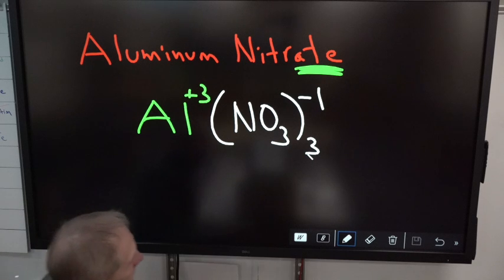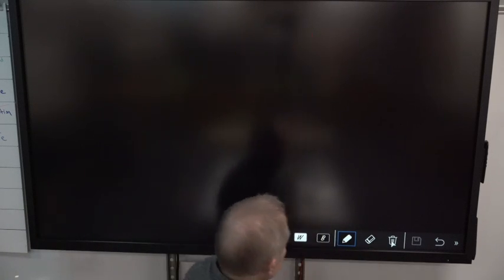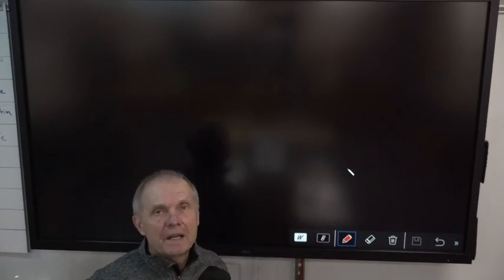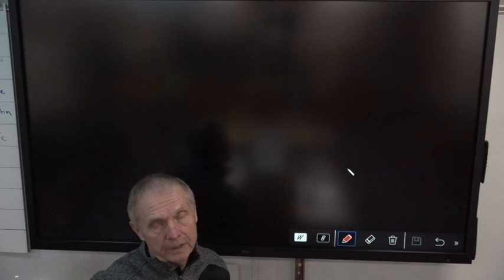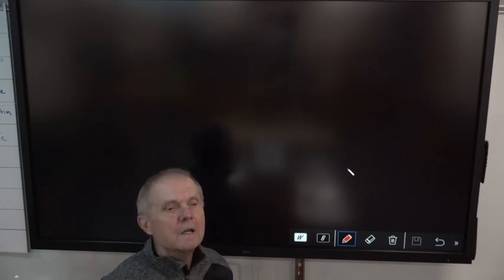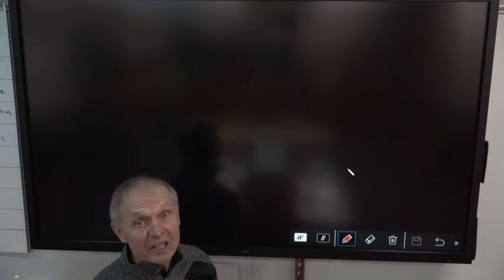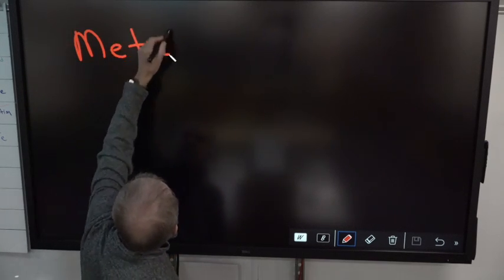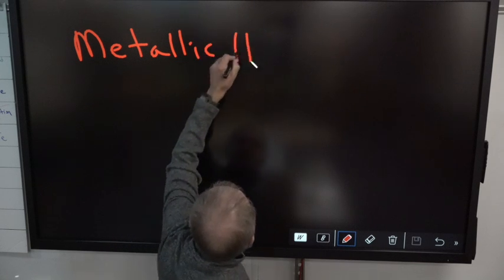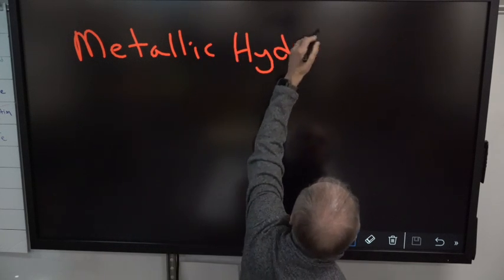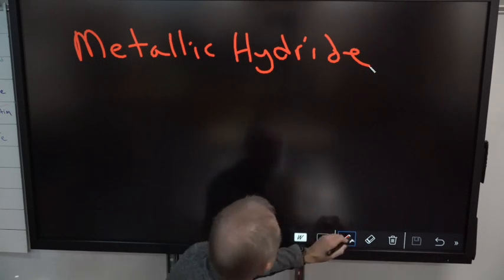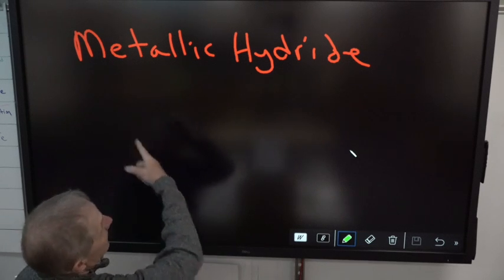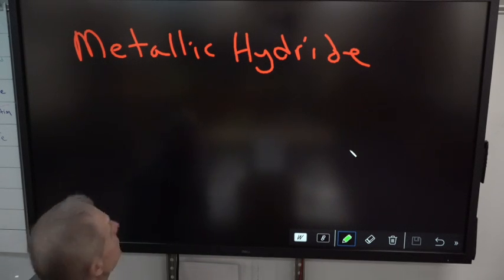So the final type of ionic compound, we've had metal, nonmetal, binary compounds, we've had metal polyatomic ion. This is the final type, and it's called metallic hydride. So metallic hydride, well, it's got a metal in it, it's got hydrogen. So here's the deal.